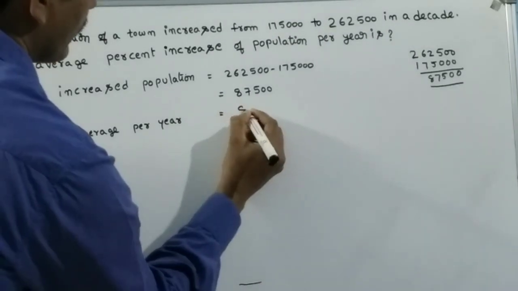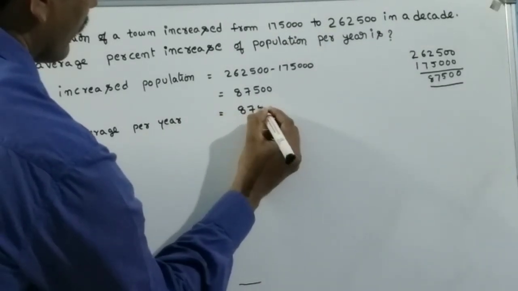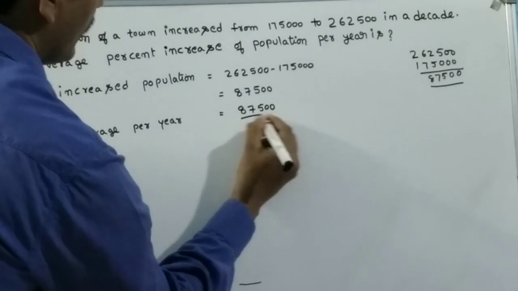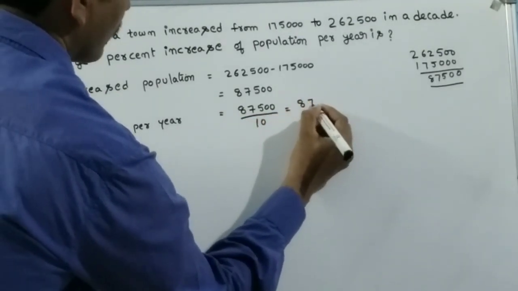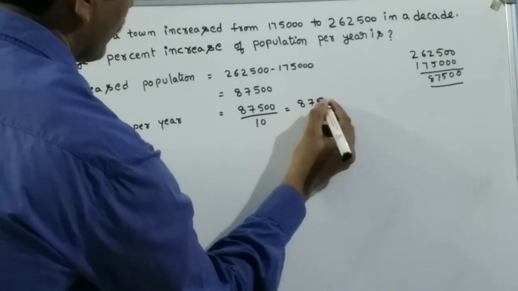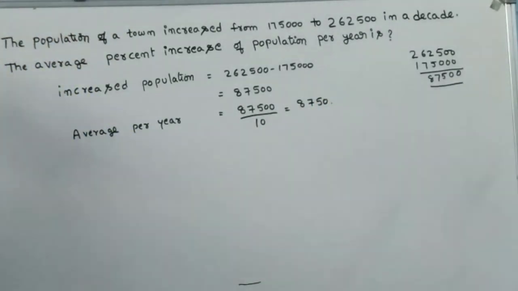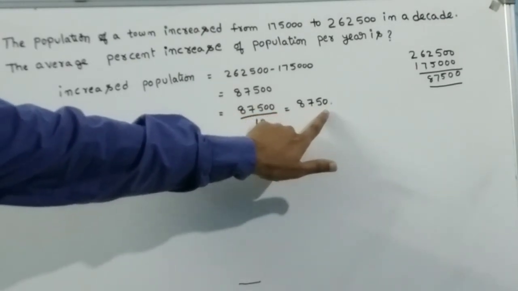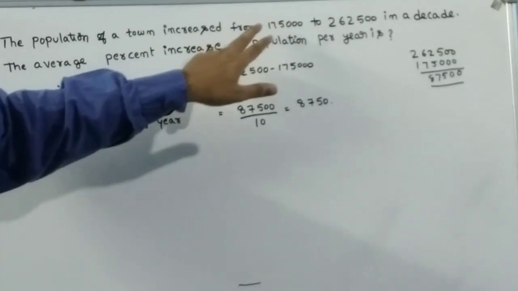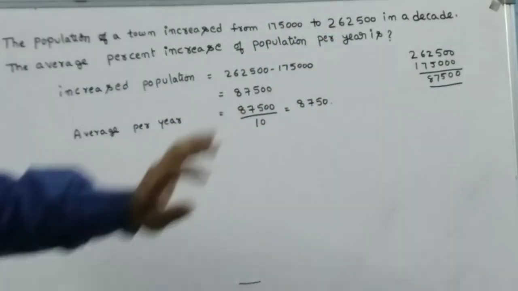That means 87,500 by 10 equals 8,750. Every year 8,750 population increased over a 10-year period.